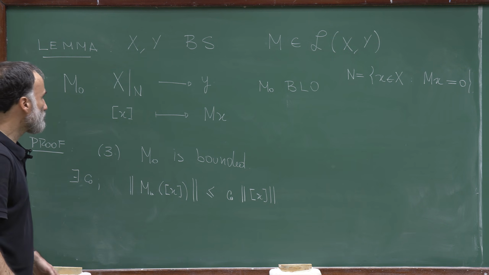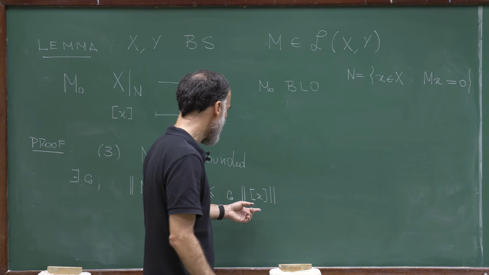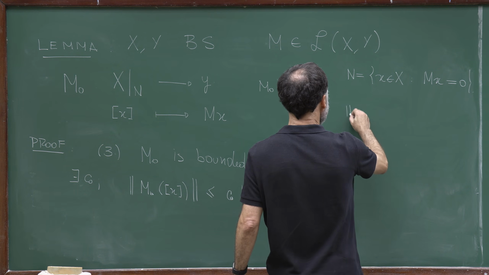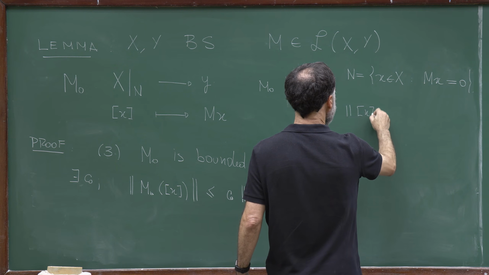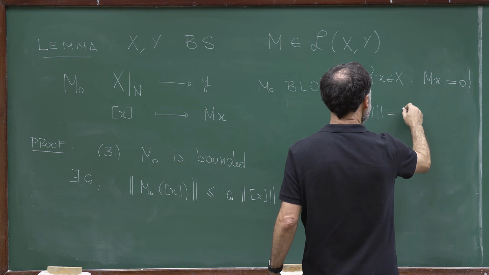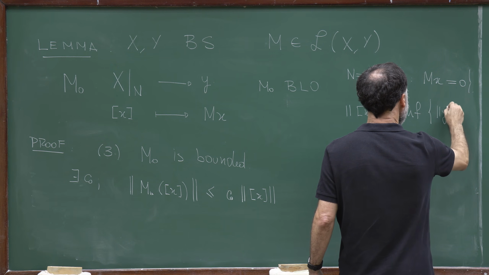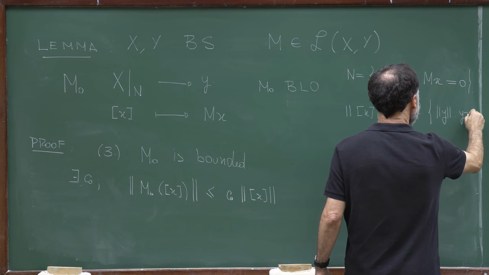So now I recalled how you define the norm of an equivalence class. The norm of the equivalence class of x is equal to the infimum of the norms of y for y equivalent to x.